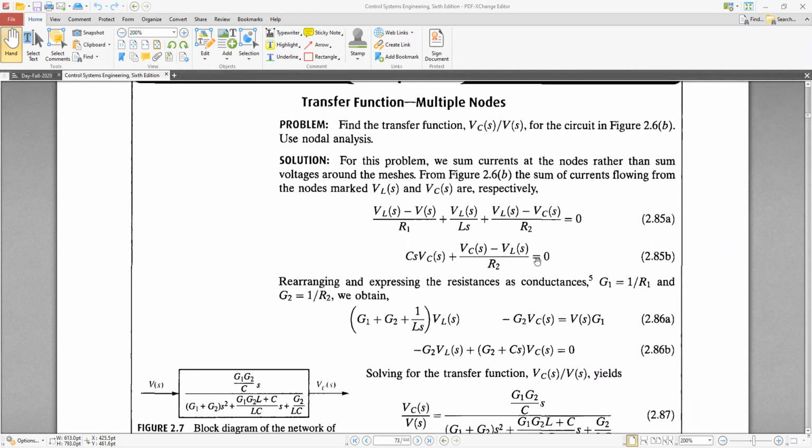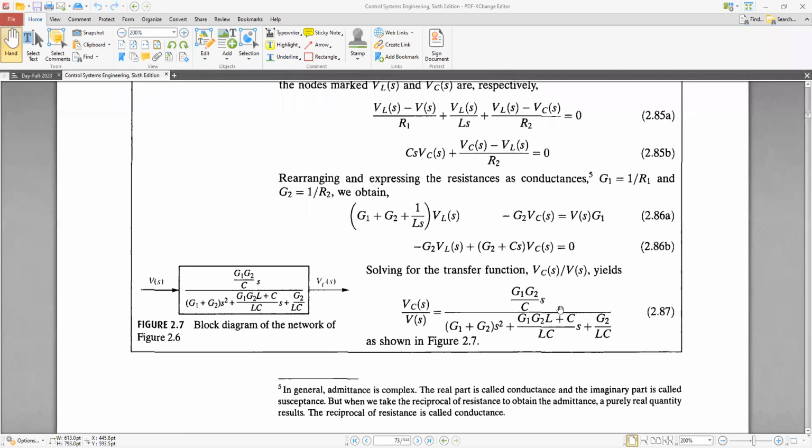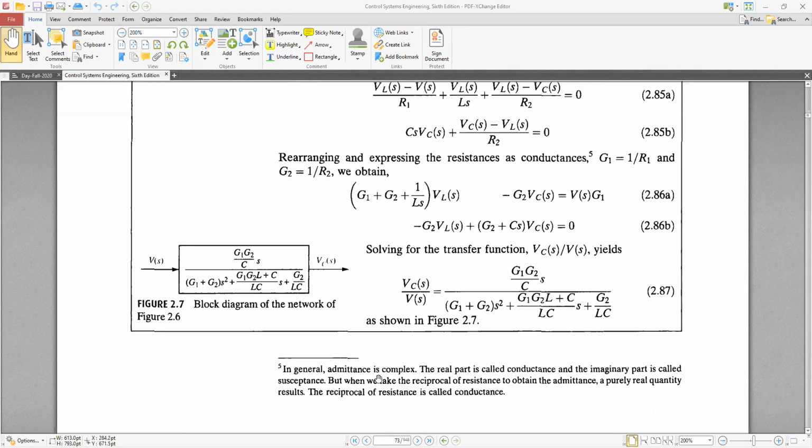But we know conductance. See this, what is the conductance? Admittance is complex. The real part is called conductance and the imaginary part is called susceptance.